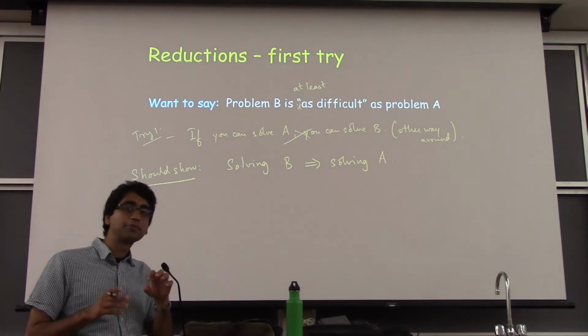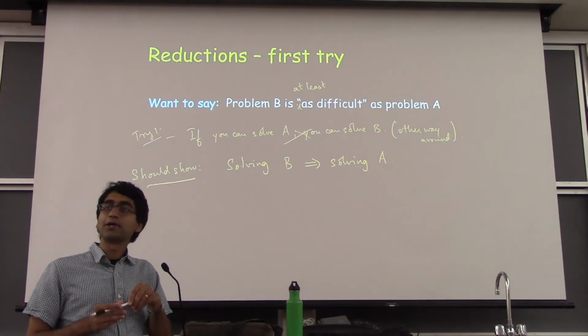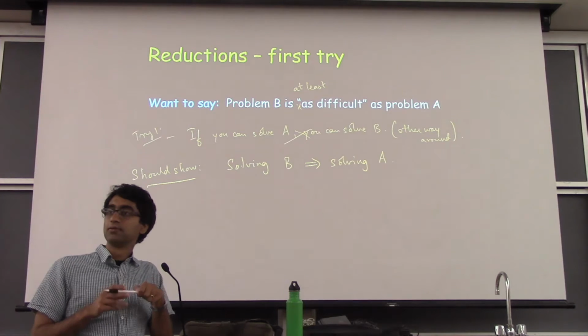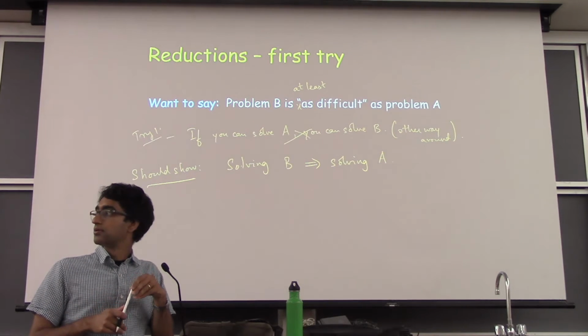How would one prove such a statement, that if you can solve B, you can solve A? So that you can reduce A to B.